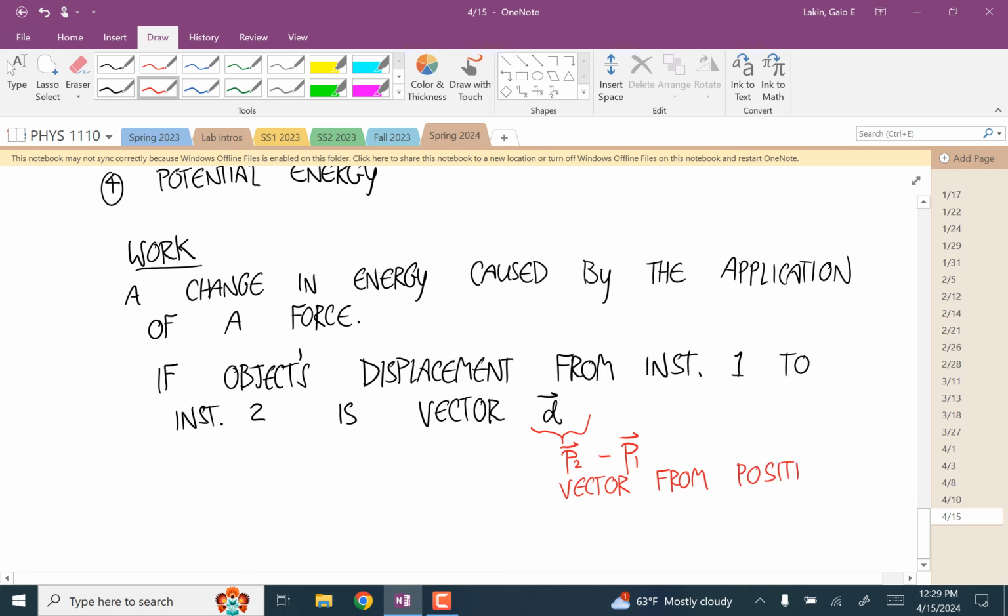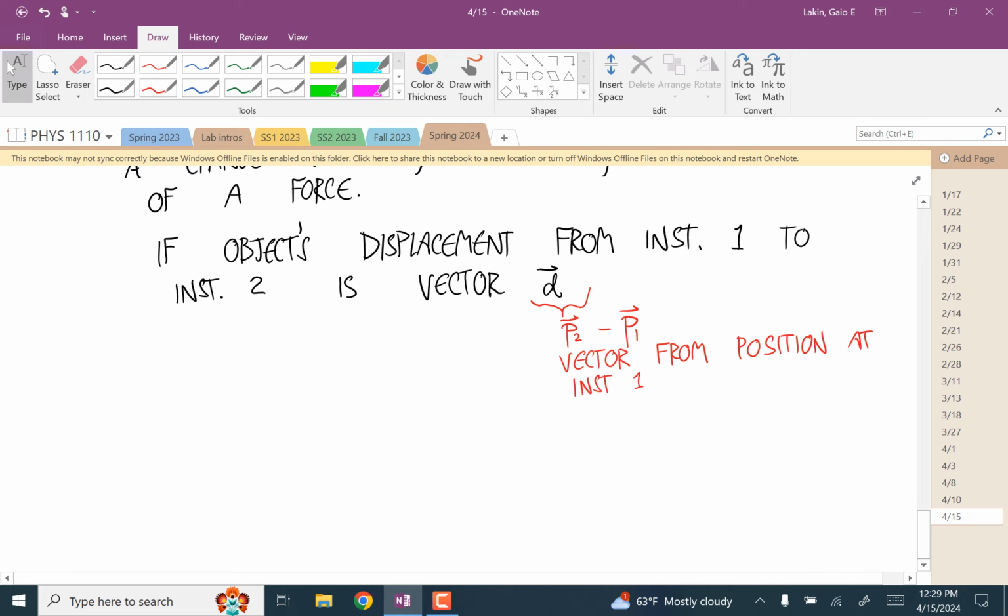So it's a vector from the position at instant 1 to the position at instant 2.